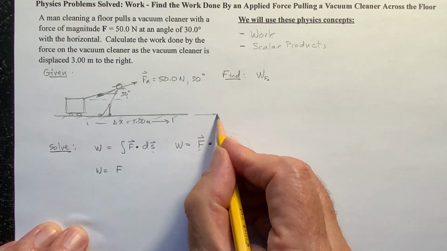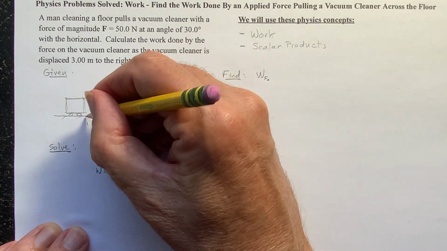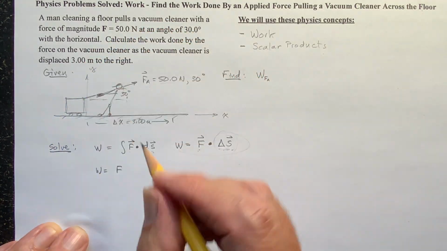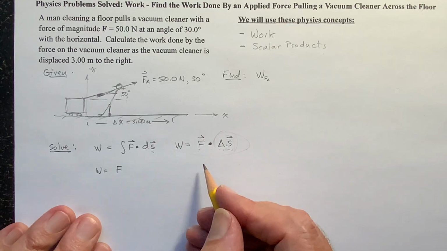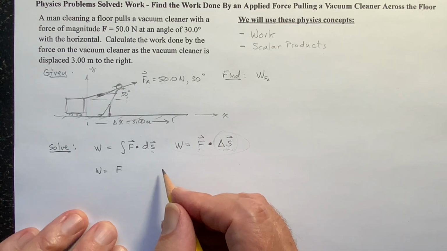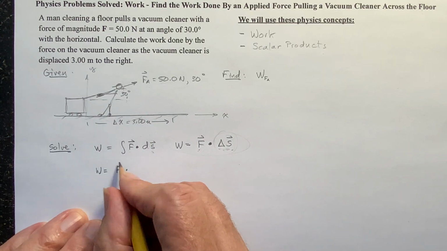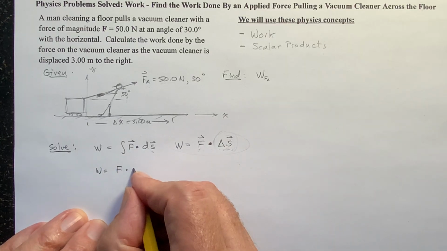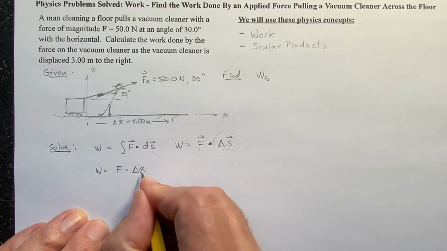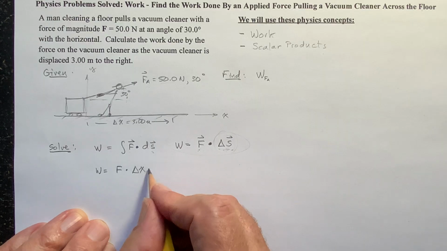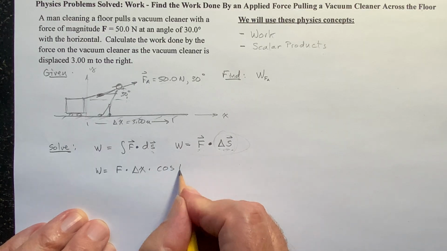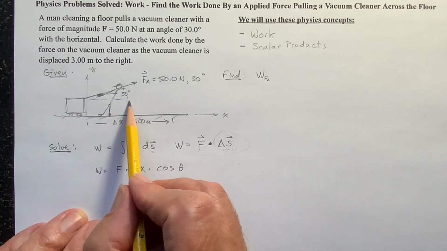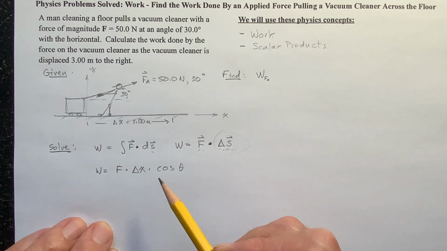We'll call this the x-axis, and of course this the y-axis. So this is going to be the magnitude of the force times the magnitude of my displacement, which I'll call delta x here, times the cosine of the angle between the force and displacement vectors.